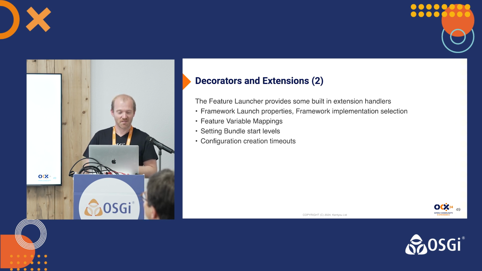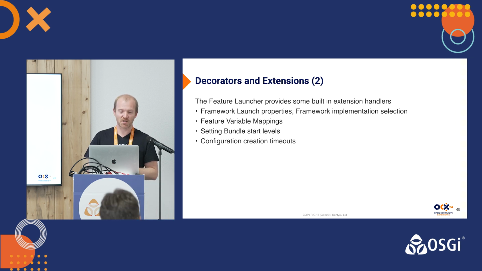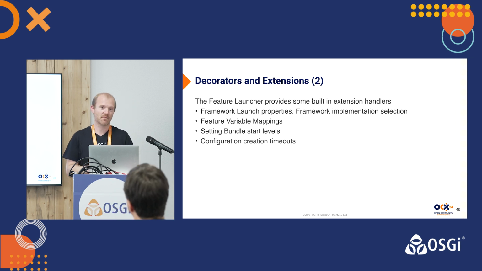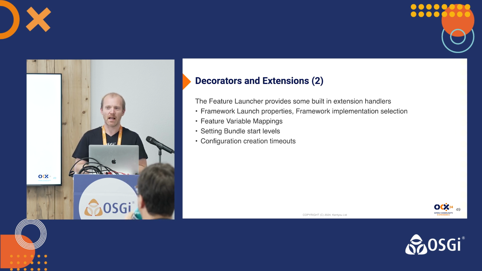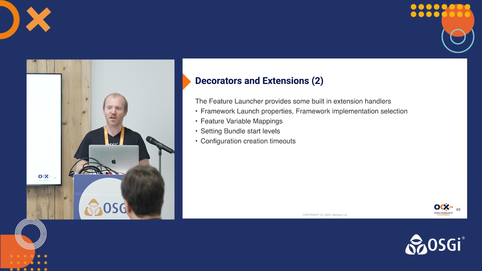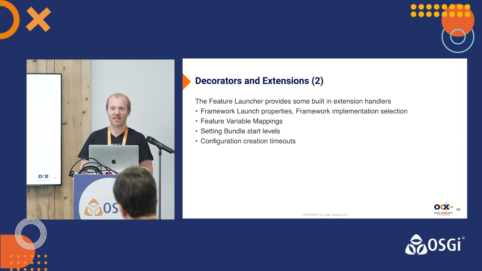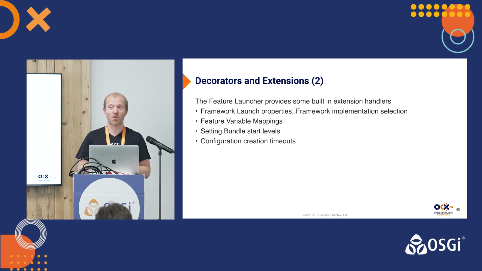Yeah. So there are then extensions for feature variable mapping. Feature variables are effectively placeholders. It looks a little bit like specifying configuration for your feature. They can have default values. Sometimes they have no default value. If you have a variable which has no default value and you try and use it in the feature, then it will blow up.